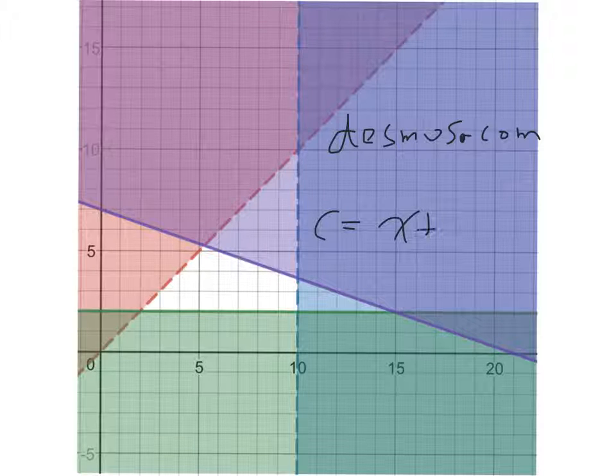Sometimes you're going to have to do some optimization. You may want to maximize the cost. How do you maximize the cost normally? You look at the corners and see where the maximum cost is.